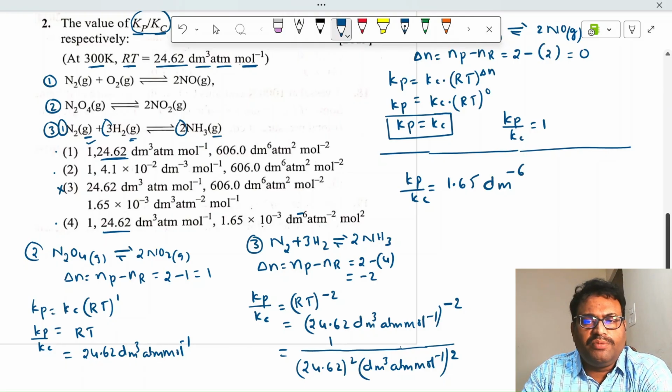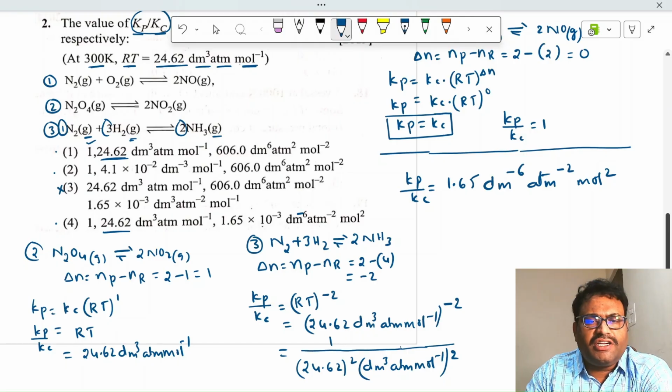When it comes to the numerator, atmosphere, okay, minus 2, right? Per mole squared you are having. Then what do you get? Mole square. Okay, so 1.65 decimeter power minus 6 atmosphere power minus 2 mole square.